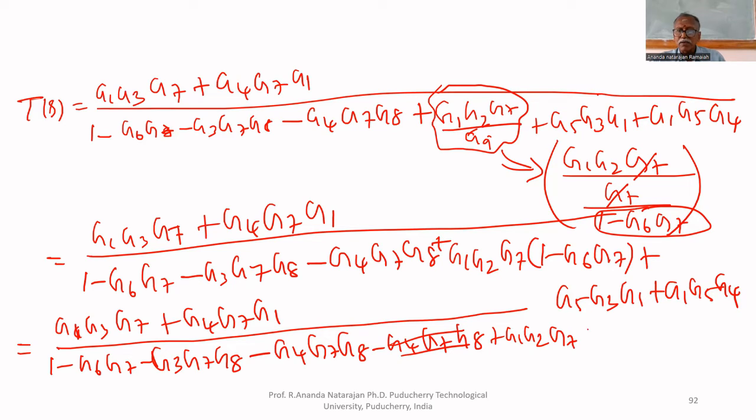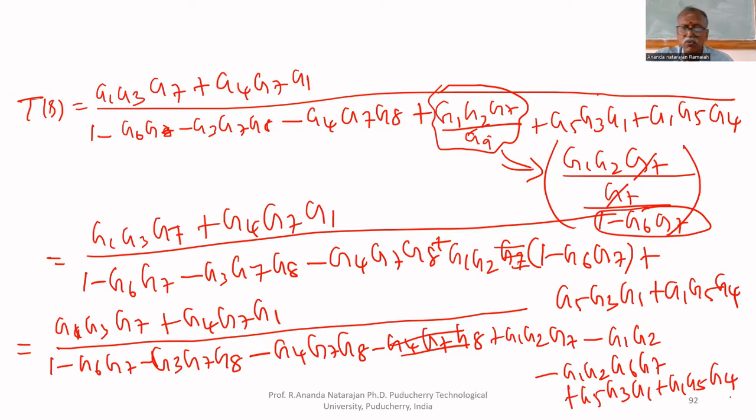Because of this one, we multiplied minus G1 G2, G1 G2 minus G1 G2. G7 is cancelled, you know. That's why this G7 will not come. G1 G2 minus G1 G2 G6 G7 plus G5 G3 G1 plus G1 G5 G4.